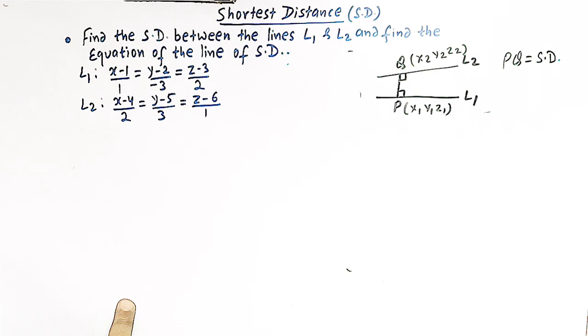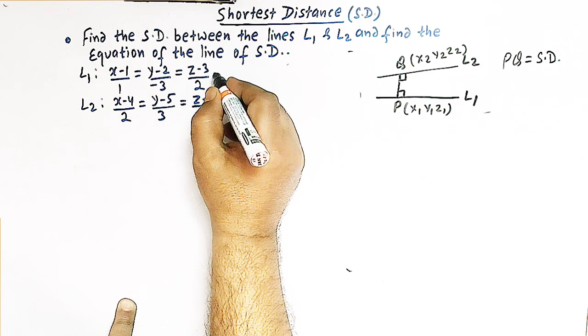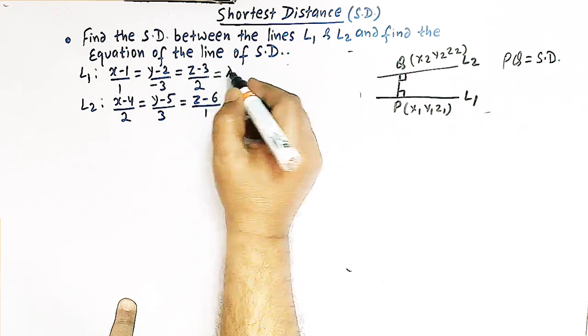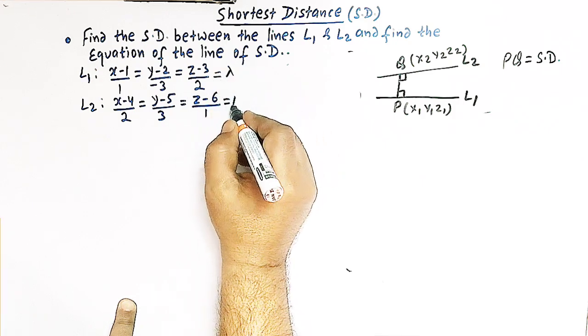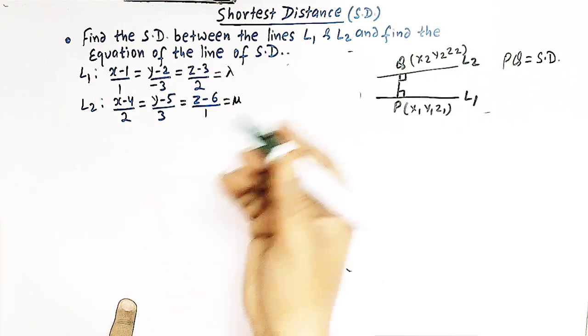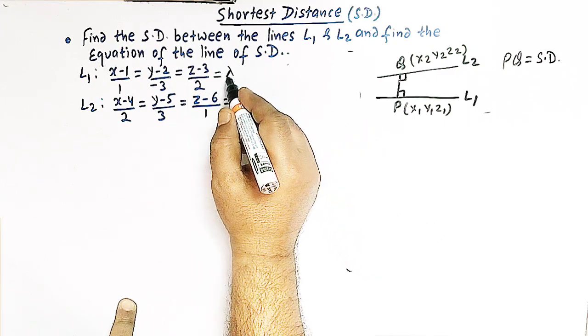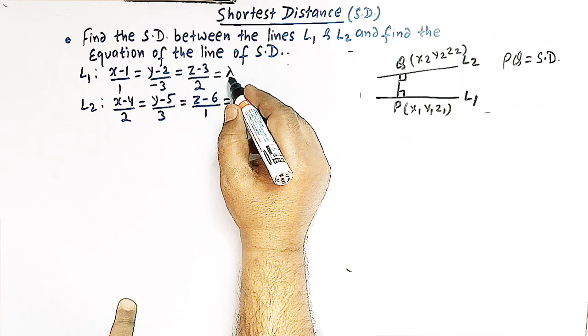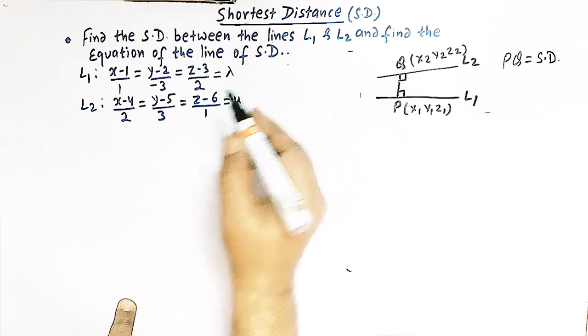Now let us first apply the concept of a general point lying on a line, right? For this, let us introduce the scalars lambda and mu, where lambda and mu are some real numbers, and we will find the values of lambda and mu.